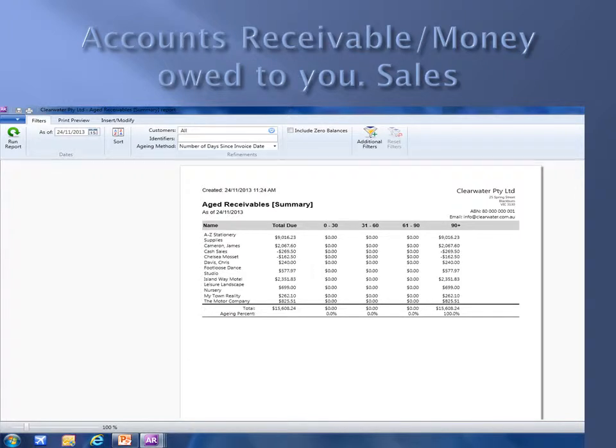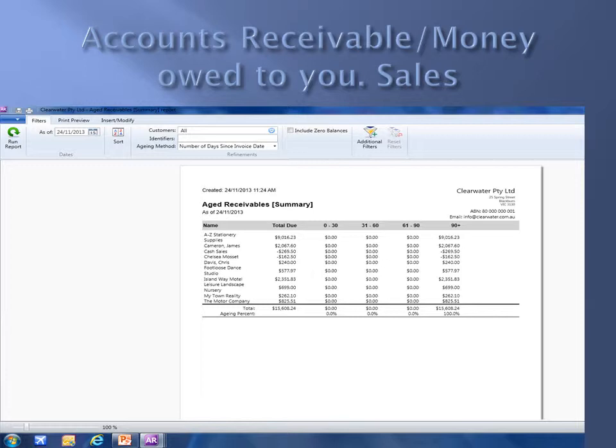Accounts receivable, money that is owed to you. You must make sure this is up to date, in so much as making sure that you've raised all the invoices for monies that are owed to you for work that you have done for people. And you can see on here that you've got cash sales with a minus $269.50, which instantly shows that there is some error in there.